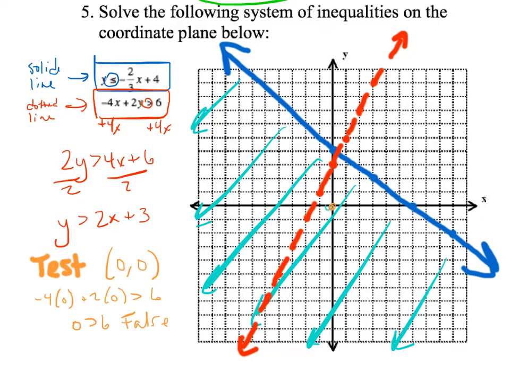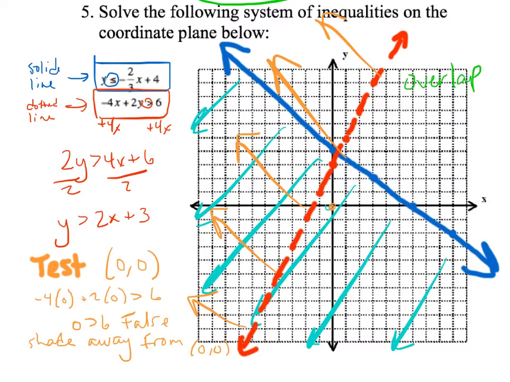So I'm going to shade away from 0, 0. And the overlap is the solution.